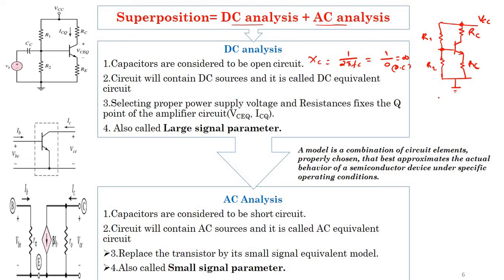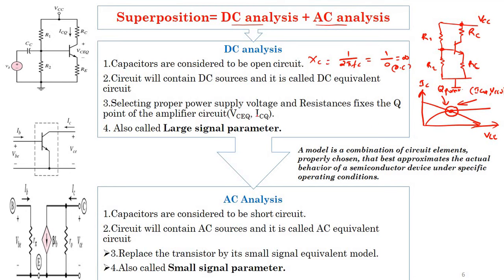And for the Q point, if you take IC versus VCE, this line is drawn on the output characteristics of the transistor, and normally we fix the Q point in the middle of this line, which is called the load line. So this is ICQ and VCEQ, and this is called the Q point.